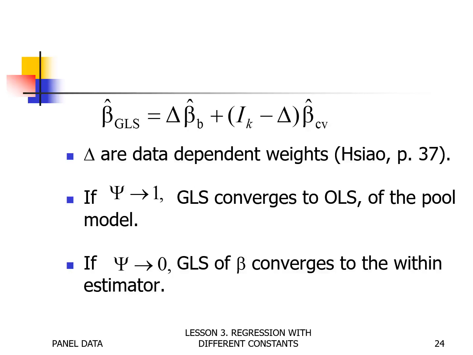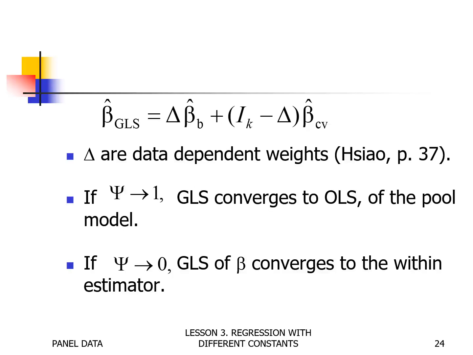If we look a little bit in detail into the formula, we will see that, for instance, when psi is equal to 1 or is close to 1, then the GLS converges to OLS. And when psi tends to 0, the GLS converges to the within estimator.